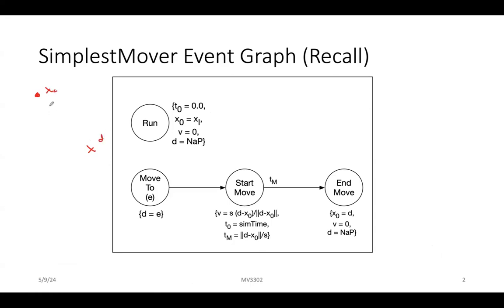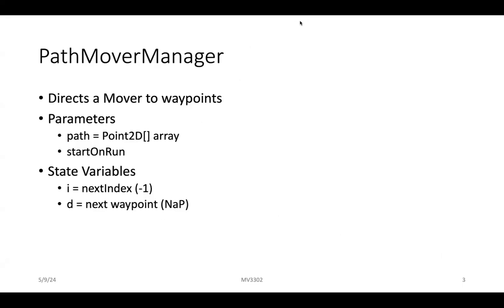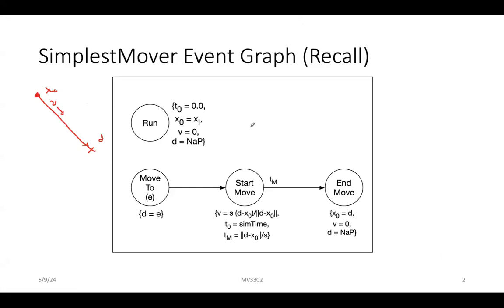If we want to move from our starting location to our destination at a given speed, we want to turn that into a velocity, which is a vector in the direction from our location to our destination, and the magnitude of that vector is the speed. Our parameters, if you remember, were basically the initial location and the speed.